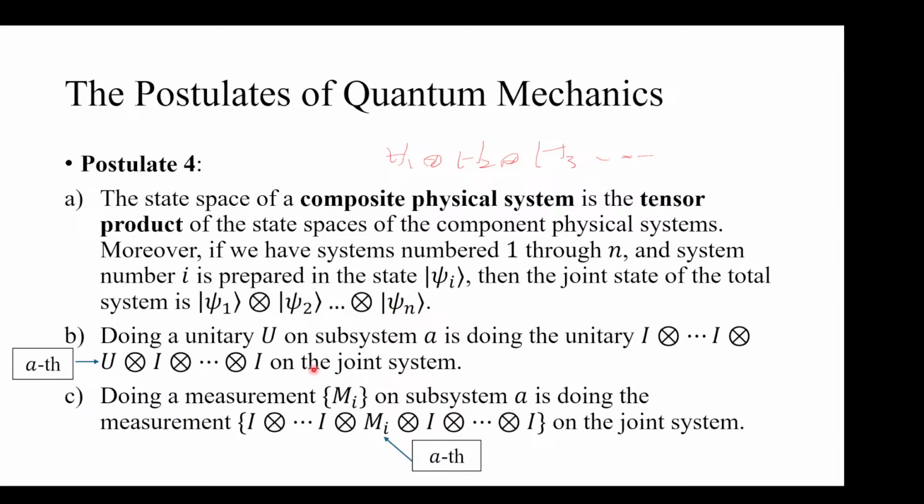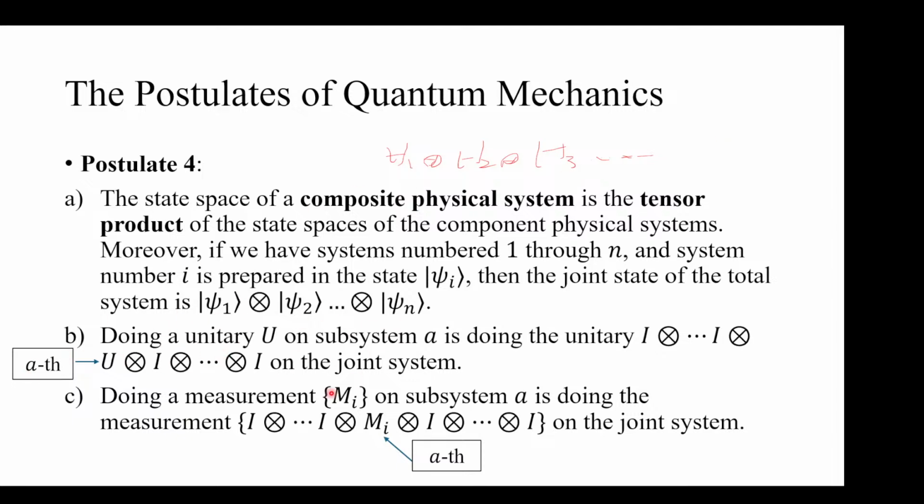If you do a unitary U on system 2, the corresponding unitary on the whole Hilbert space is identity tensor U tensor identity tensor identity: whatever unitary on your system, and tensor identity on all other systems.